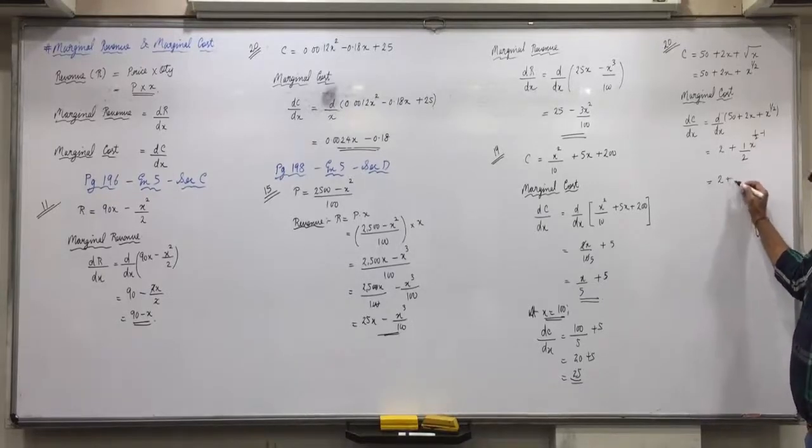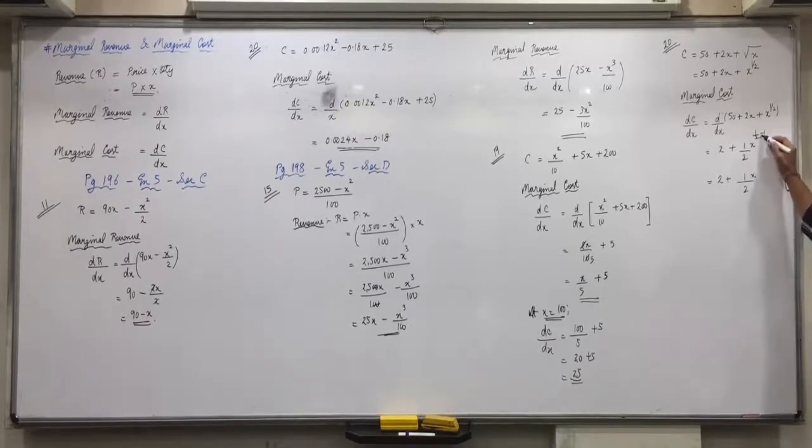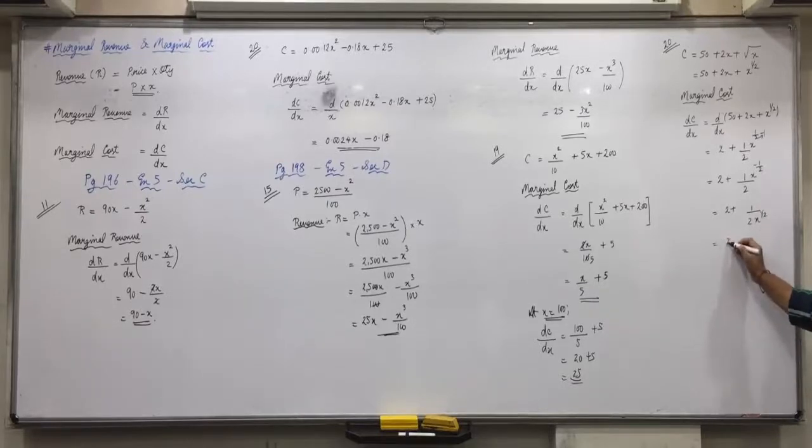Further, yes, 2 into 1 is 2, 1 minus 2 is minus 1 by 2. Further, minus 1 by 2 will bring in the denominator. So can I write this as 2 plus 1 upon 2 root x? Is everyone clear with this?